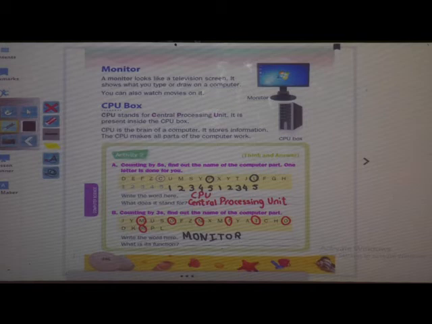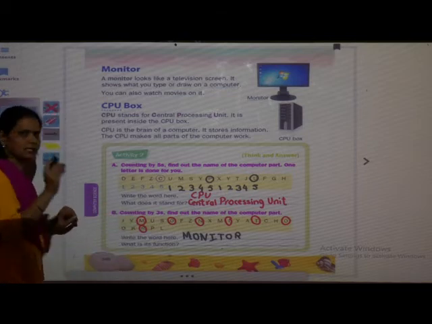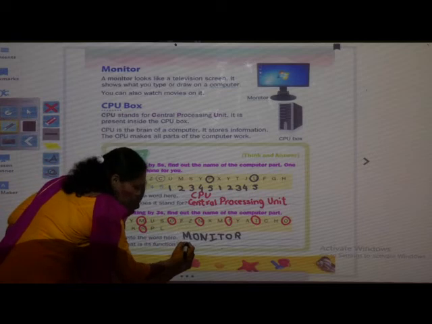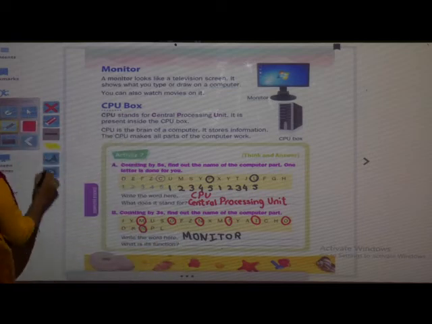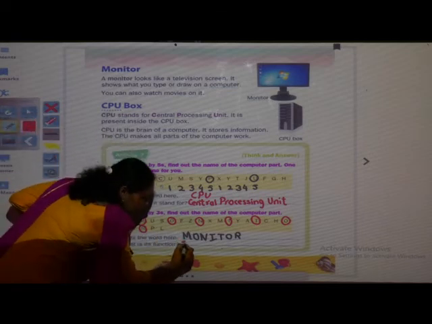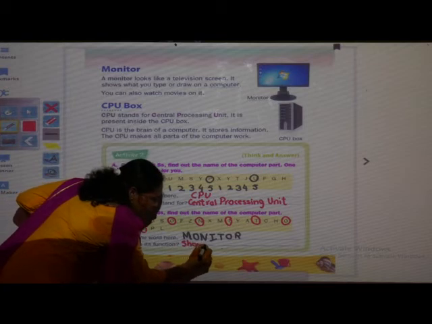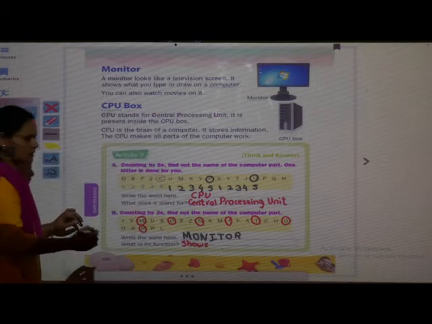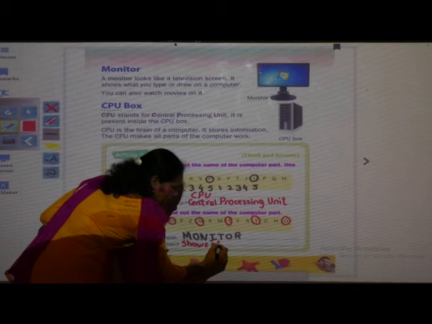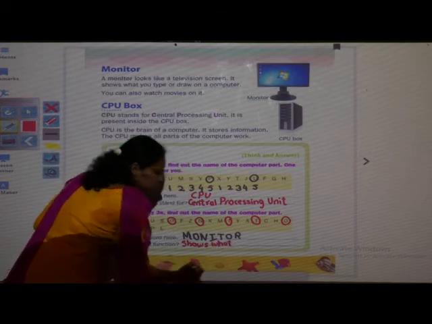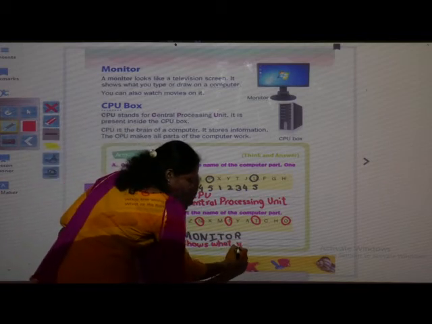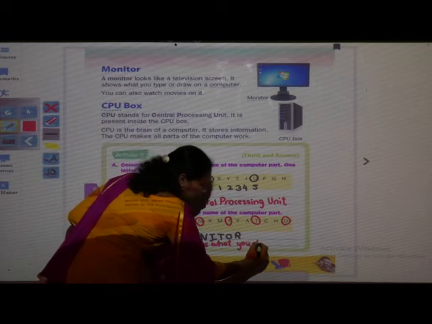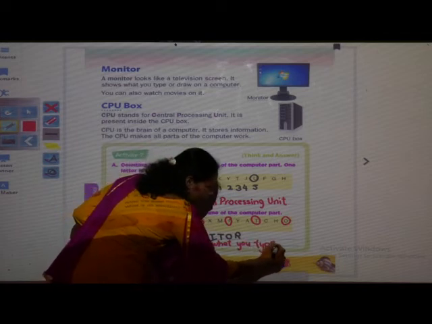Yes, the monitor's function. It shows what you type. You have to write in small letters, that is, in small handwriting. Shows, SHOWS, shows, space, WHAT, what, YOU TYPE, type, full stop.